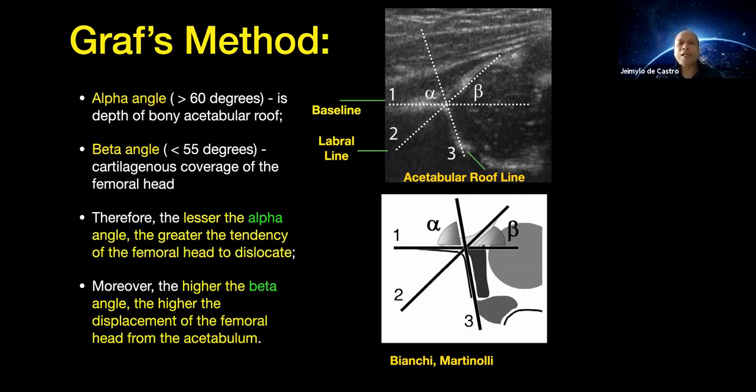Therefore, the lesser the alpha angle, the greater the tendency of the femoral head to dislocate. Moreover, the higher the beta angle, the higher the displacement of the femoral head from the acetabulum. So alpha, we want it to be higher. Beta, we would like it to be lower, okay?